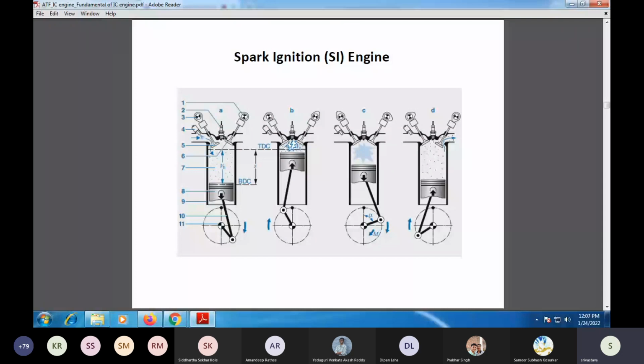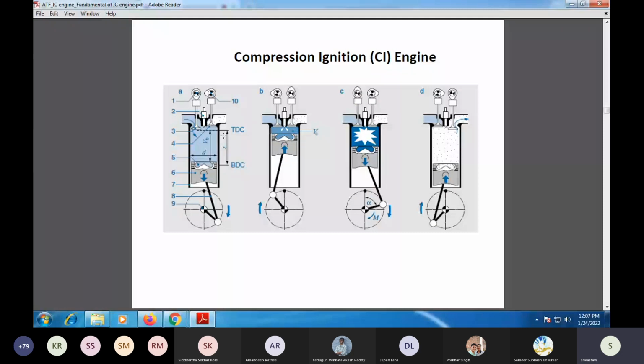That is the case of your spark ignition engine. But when we come to the four-stroke diesel engine, there is no injector in the intake manifold here. But there is some part in the cylinder head. Now, what is that? Is it the spark plug, or is it something else? The part two. Sir, fuel injector. Okay, correct. So it is an injector here.